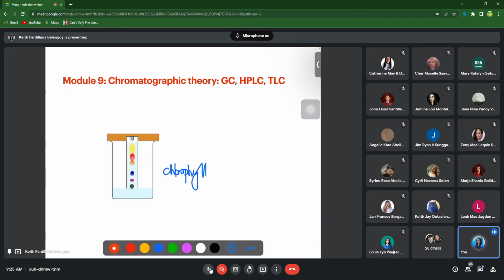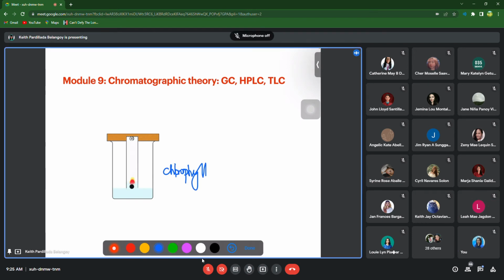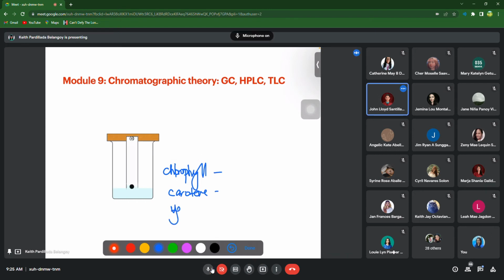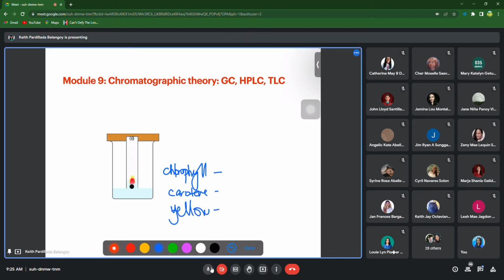Katong carotene, miss. Okay, so you had color green and color orange. How many colors did you have? Yellow po, miss. And red, miss. So the different colors, no, tell you the different components. Okay? So experienced na pud mo ani. Kaya na ninyo ang overview sa chromatography.